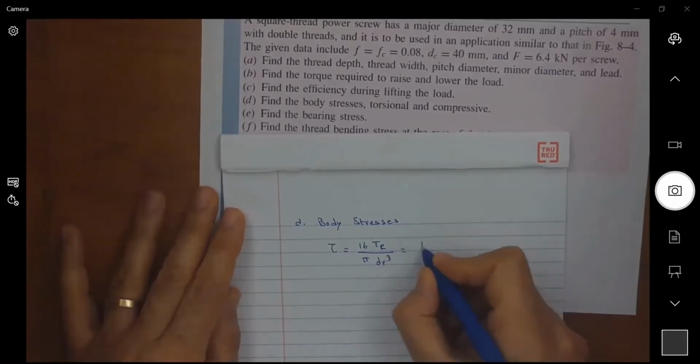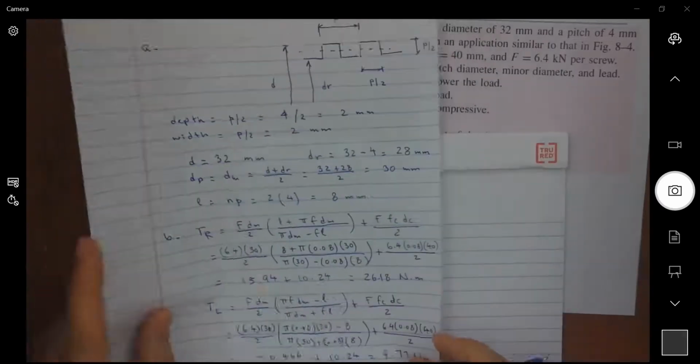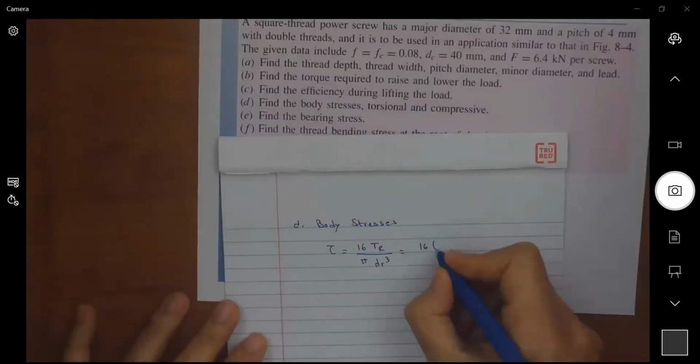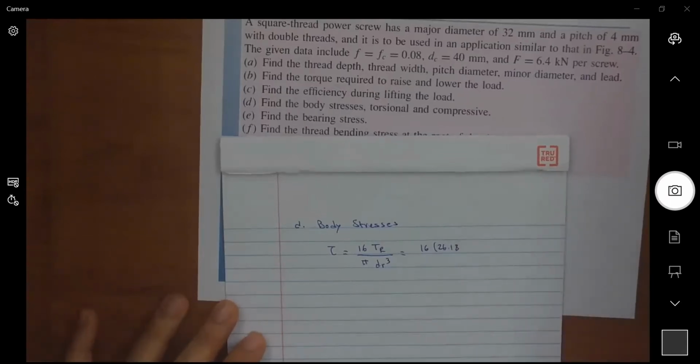This is equal to 16, and the torque is 26.18 Newton meter, right?